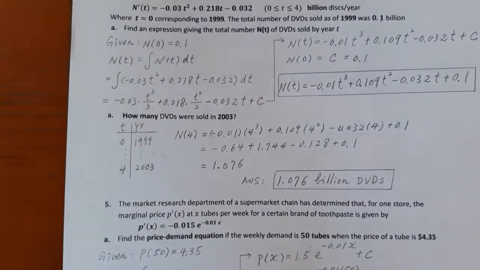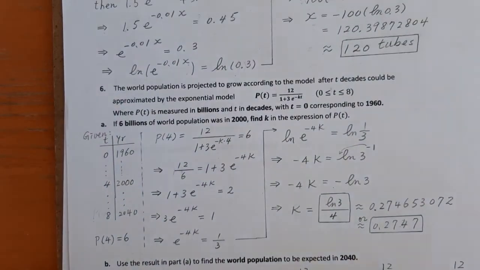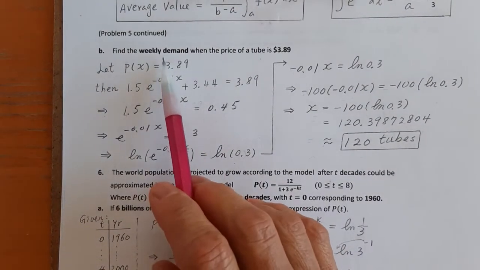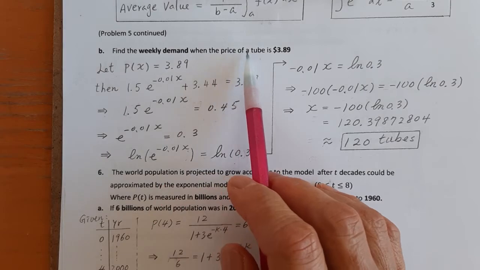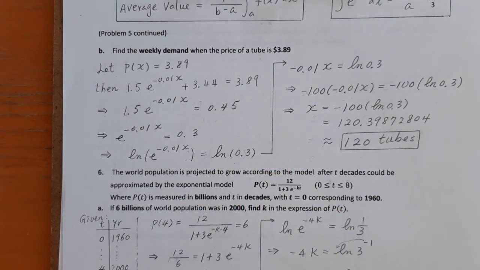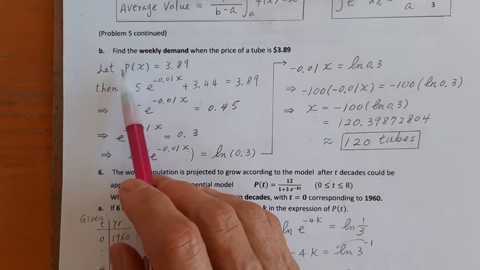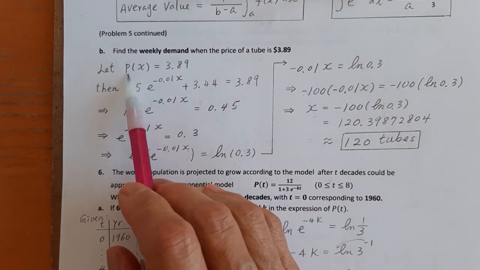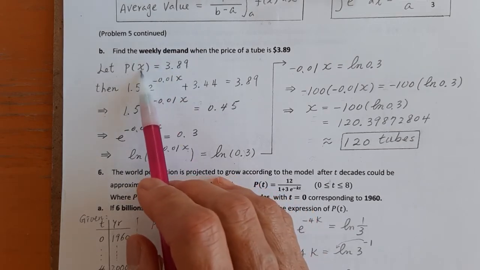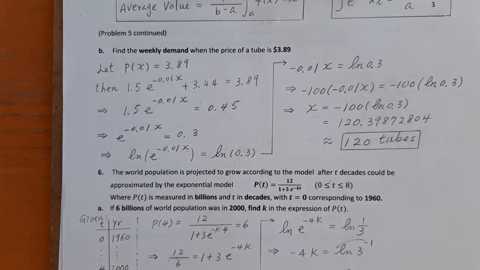That's the A part. And the B part: find the weekly demand when the price of a tube is 3.89. So let P of x, the price, be 3.89 and figure out x.